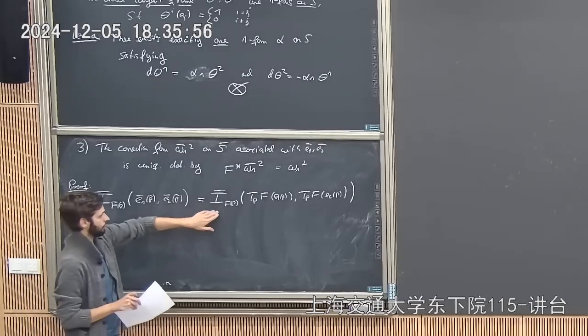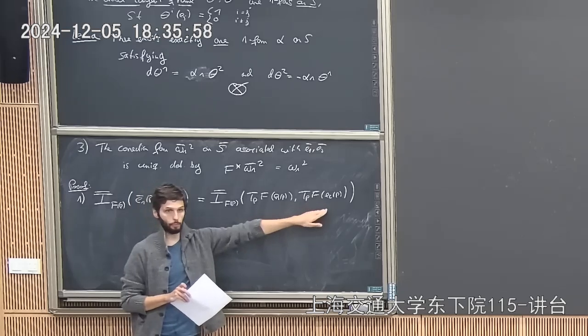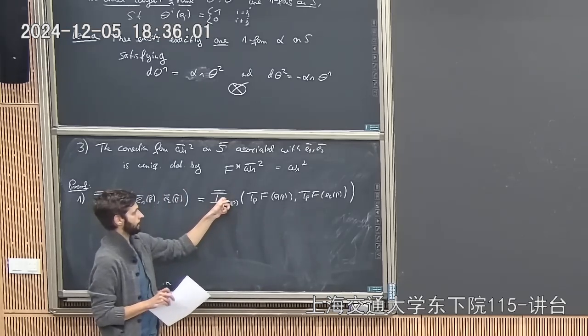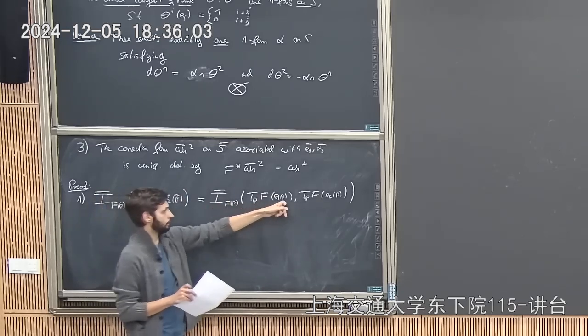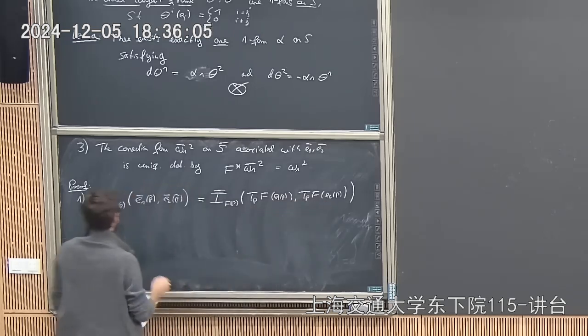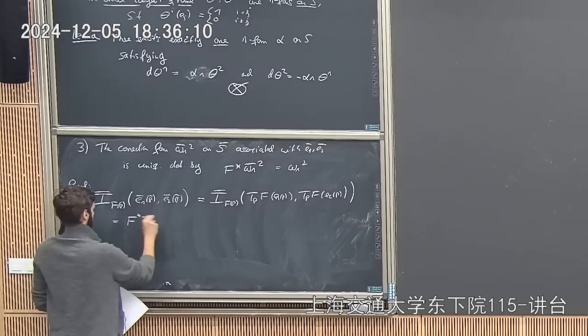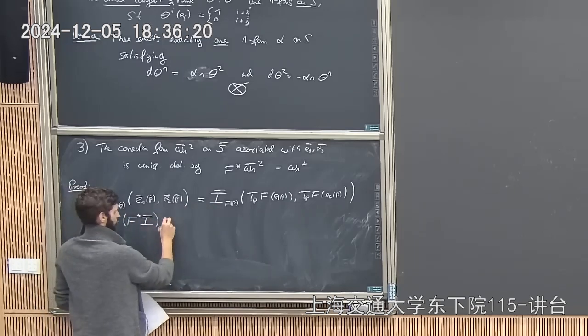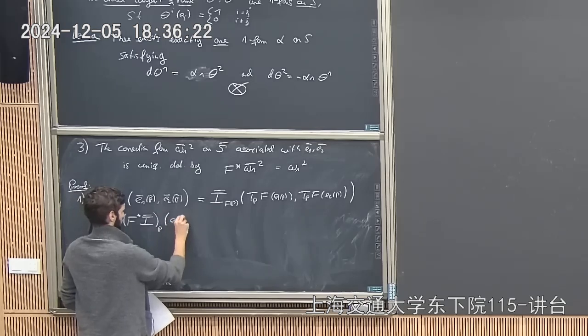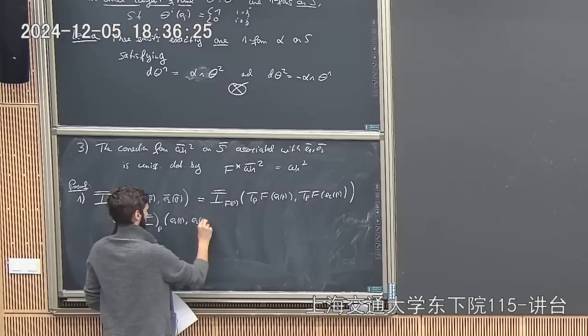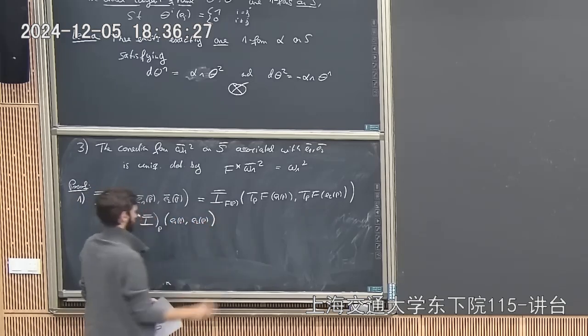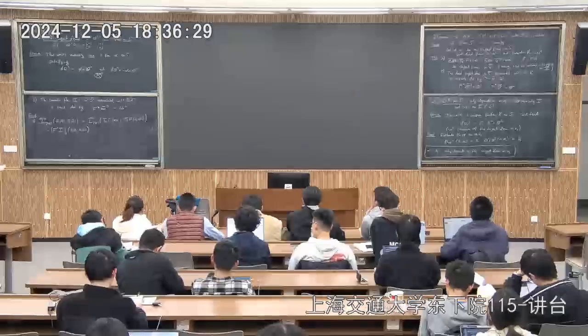So now you realize that this expression is nothing else than the pullback of the first fundamental form by F evaluated on the vectors E1 and E2 of P. This is the same thing as the first fundamental form of the surface evaluated at the point P, and then E1 of P and E2 of P. So that's awesome because we know what this one is.